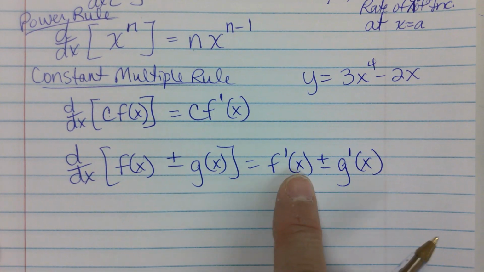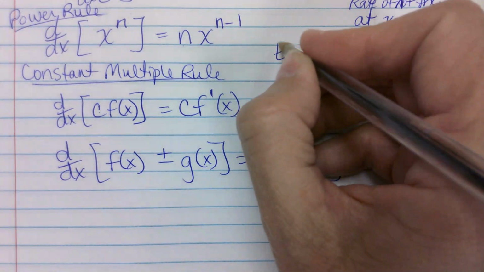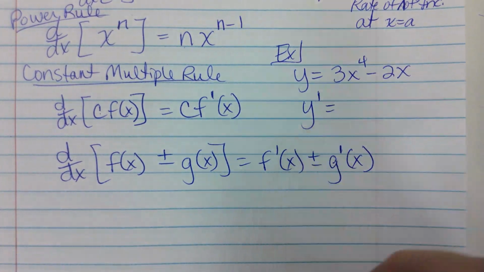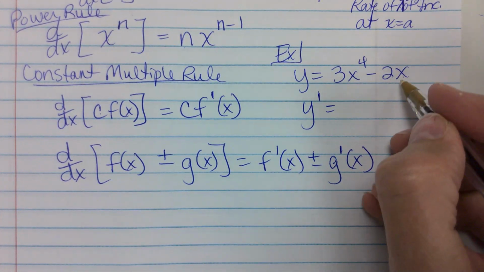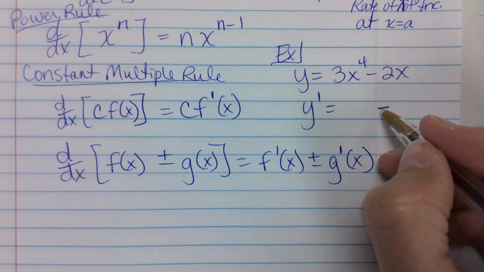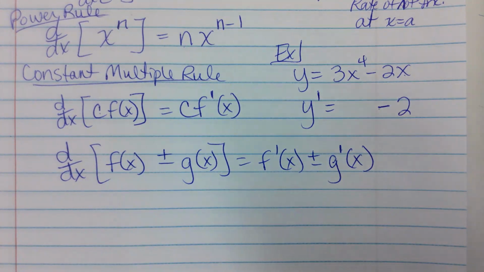So the thing is, we're just going to subtract. When we take our derivative, y prime, right? We're just going to take the derivative of the first term and subtract it from 2, right?